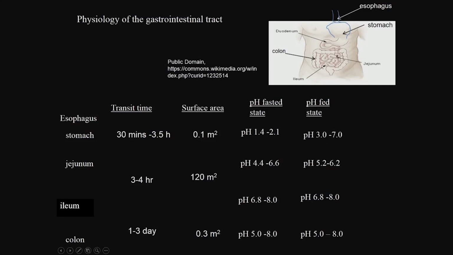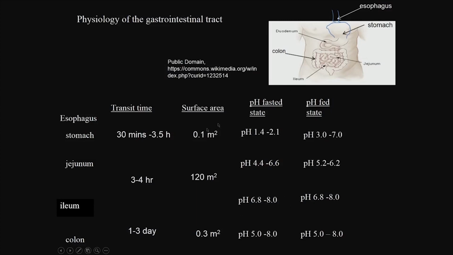Now, if you look at jejunum here, that is we call it small intestine, 3 to 4 hours. Look at the surface area, tremendous, 120 meter square, and then pH is higher, 4.4 to 6.6, and then fed 5.2 to 6.2. If you look at the ileum here, pH is 6.8 to 8. Okay.